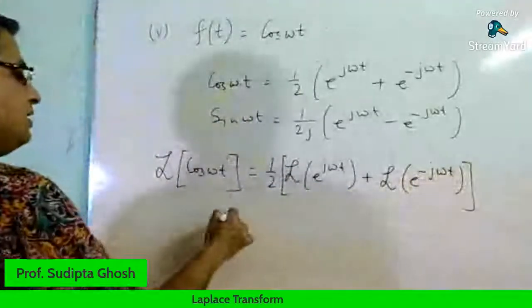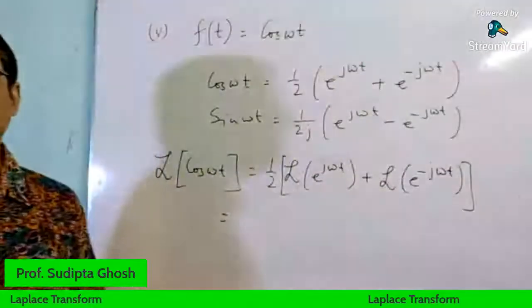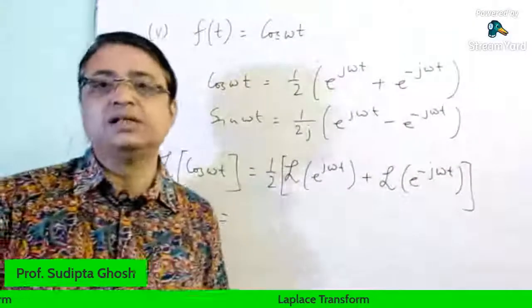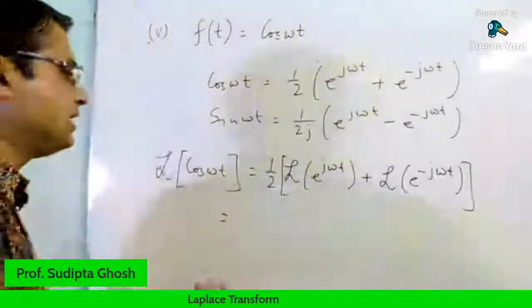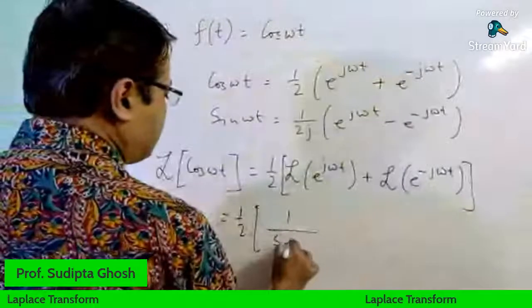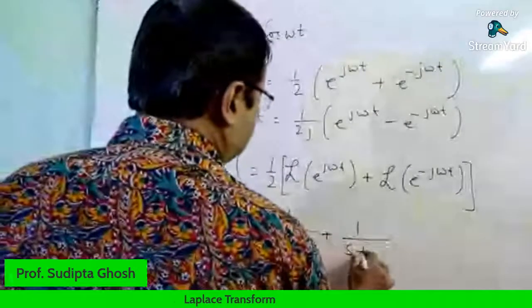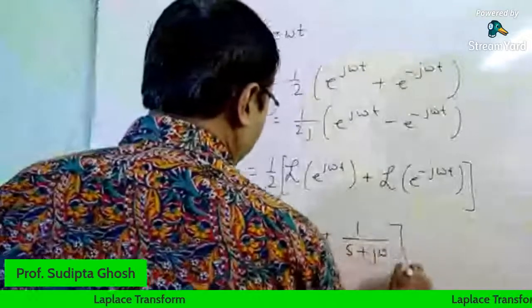And then again, e to the power j omega t, e to the power at. Laplace transform of e to the power at means 1 by s minus a. So it becomes 1 by s minus j omega plus 1 by s plus j omega.